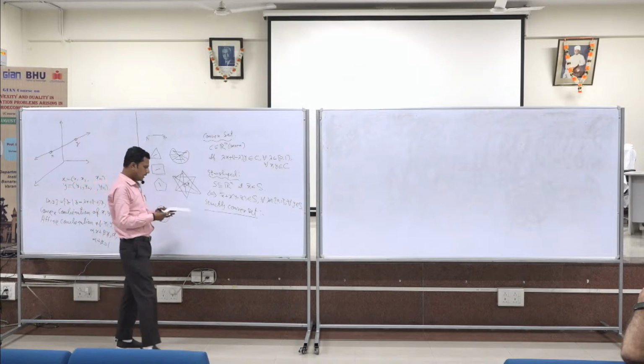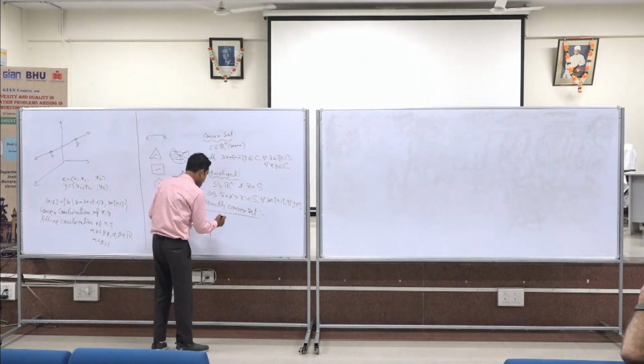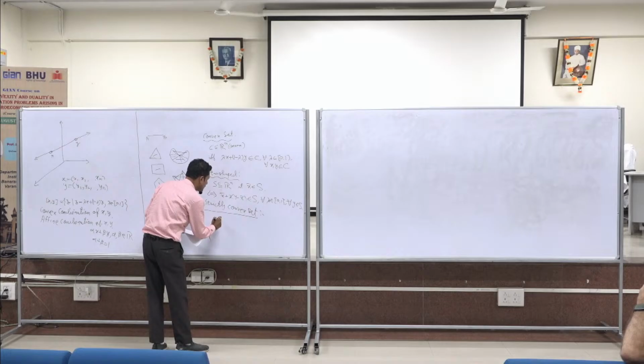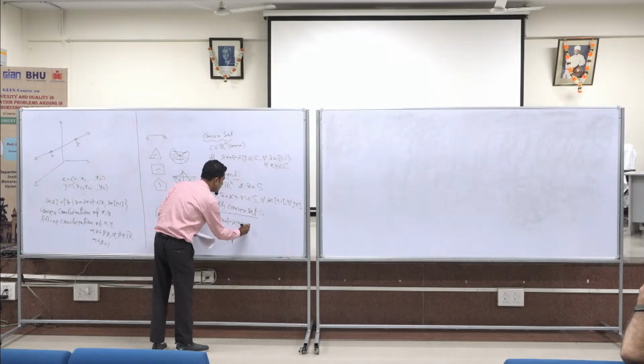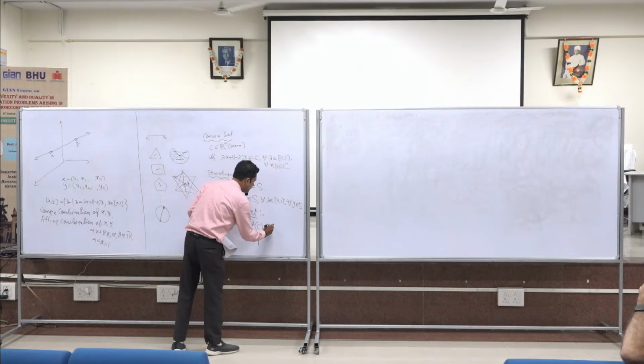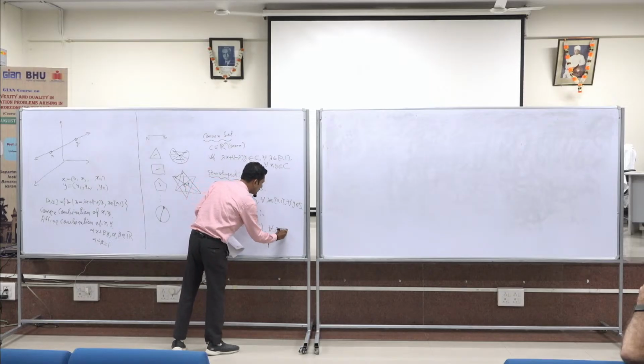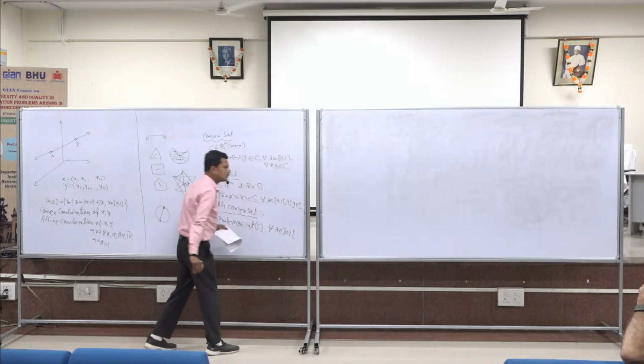So we can write that lambda x plus 1 minus lambda y belongs to the interior of this set C for every lambda between 0 and 1.